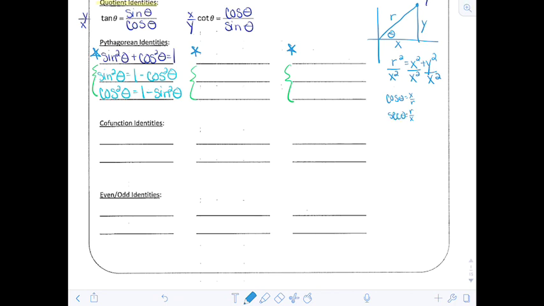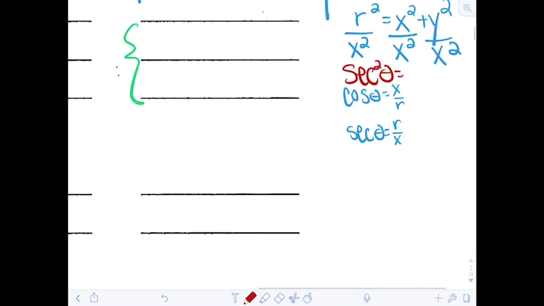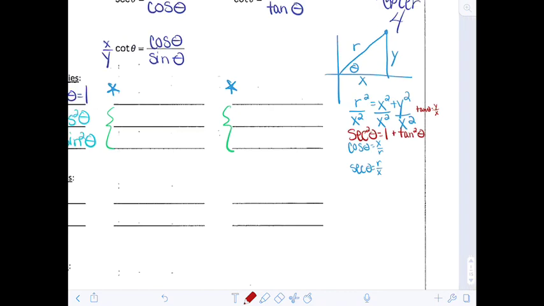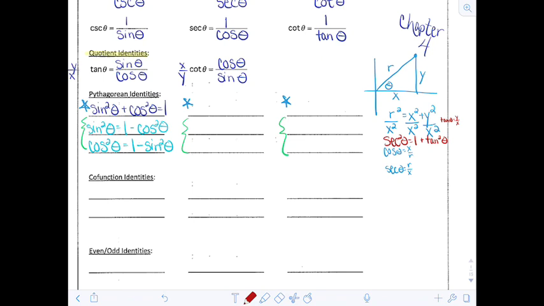So I really have the secant squared of theta right there equal to x squared over x squared is 1 plus y squared over x squared. Well, remember that tangent of theta is y over x, so y squared over x squared is tangent squared theta. And this is our second Pythagorean identity.